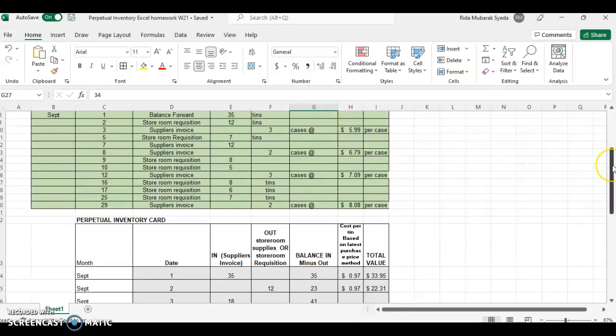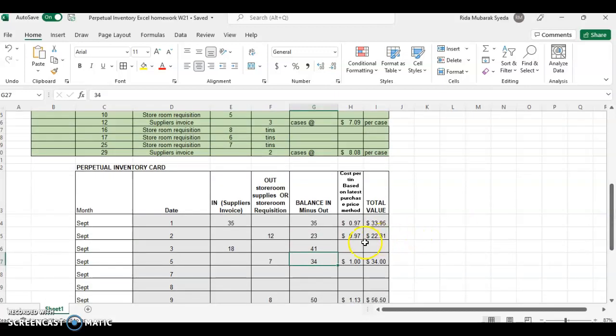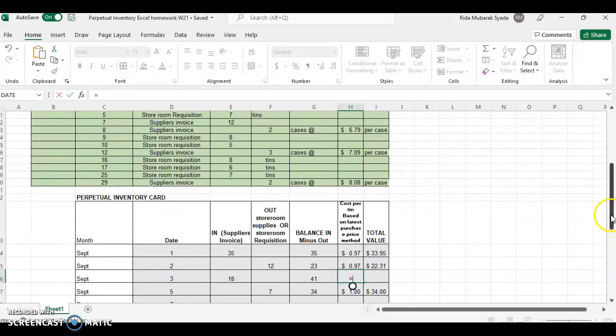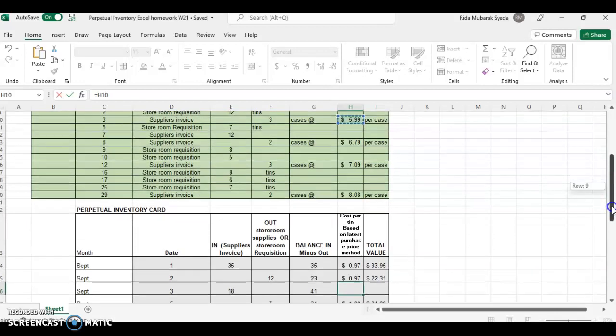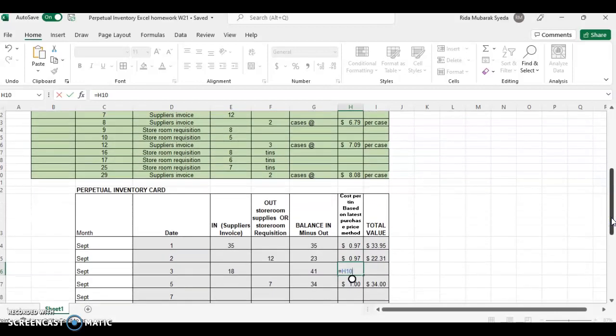So to know the cost per can, we would take 5.99 divided by 6, and that would give us the price. So we would take that, equal to 5.99 divided by 6, and that gives a value of $1.